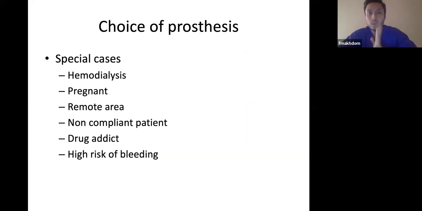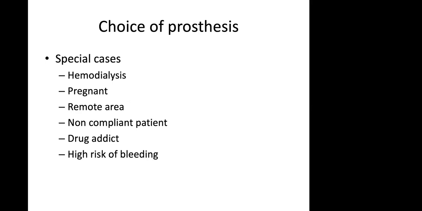All right, so special cases for aortic valve replacement. If you have a patient dependent on hemodialysis, not a candidate for transplant, which valve will you usually choose, biological or mechanical? Biological. Why?